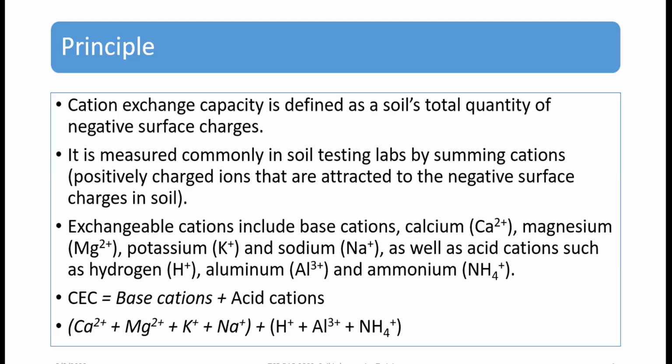So as I mentioned, if you determine the exchangeable cations in the soil, you can add them together and determine the CEC. In this condition, the CEC will be equal to base cations plus acid cations.